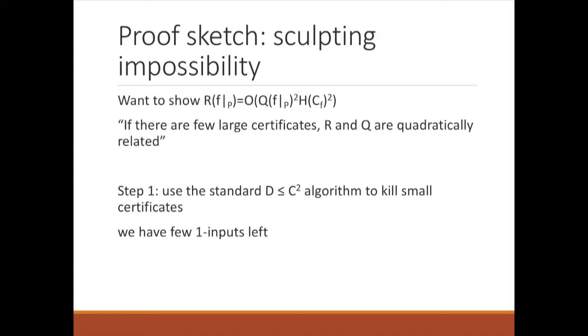If we do this, we'll have few 1 inputs left. Step 2 will be to show the quadratic relationship when your function, on your promise, has few 1 inputs left. We will show that there's a quadratic relationship whenever that happens. This is what we do.